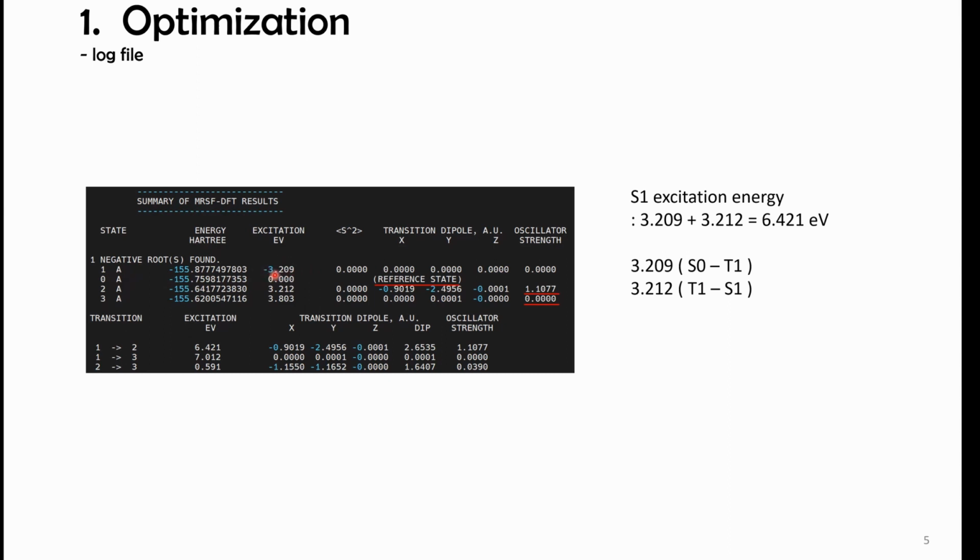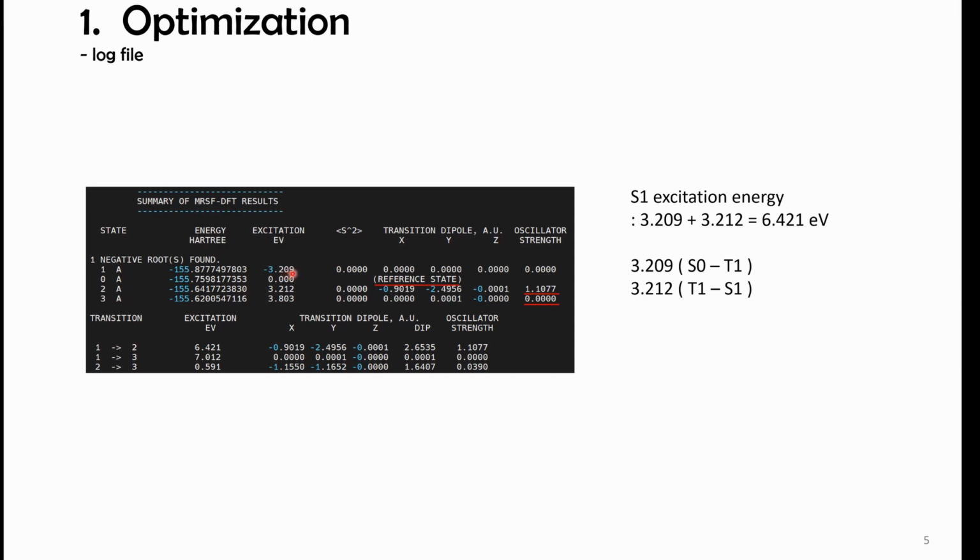This is very confusing. I think this is where everybody gave up, because they couldn't understand why there is a negative excitation energy. Basically, 0 is the reference RHF energy. With respect to that, your singlet ground state is lower in energy than the triplet most of the time. That's why it becomes negative. So just remember that. Number 1 is the ground state singlet, which is minus 3.209.